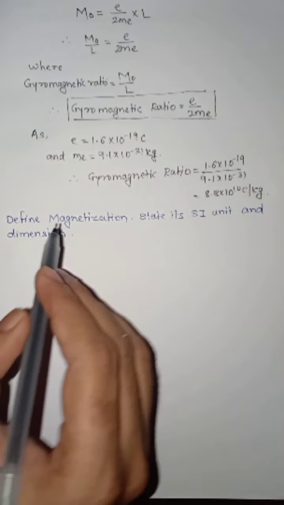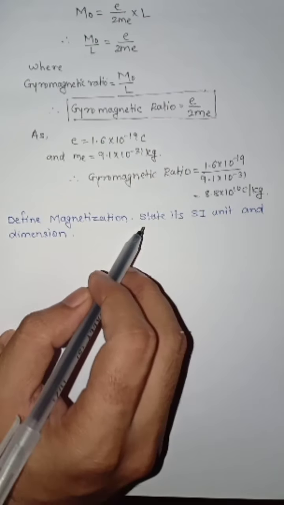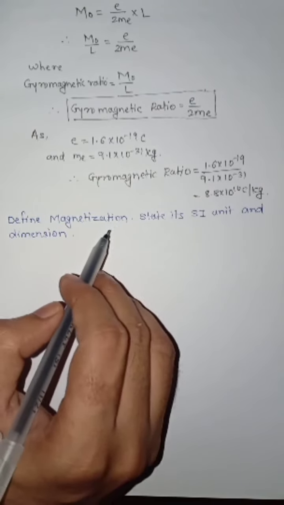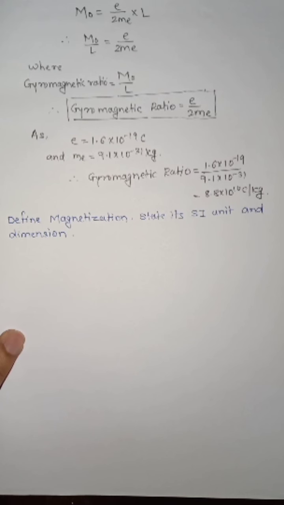Our next question: define magnetization and state its SI unit and dimension. First we will define magnetization. What do we mean by magnetization? Magnetization is the net magnetic dipole moment per unit volume of material.